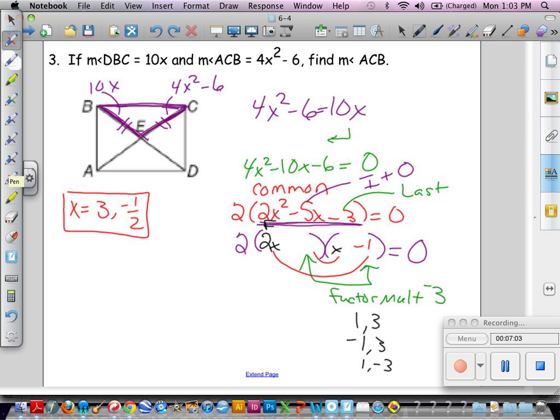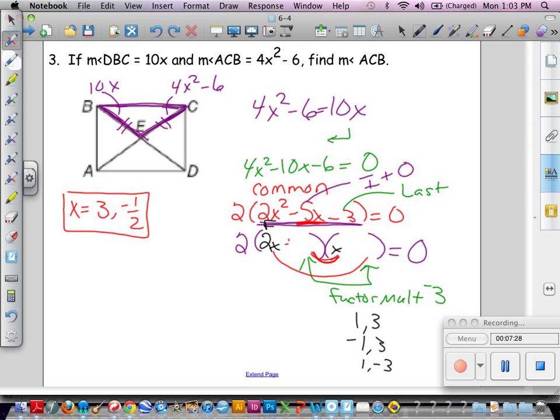So if I take negative 1 here and I put positive 3 there, my outer is a minus 2x and my inner is plus 3x. That does not get me my minus 5, so that is not correct. Got to erase. Try again.